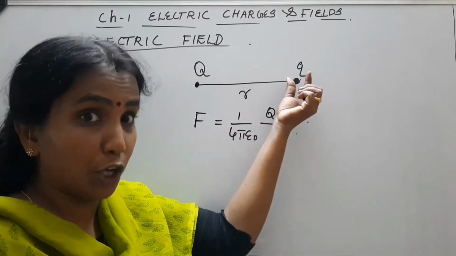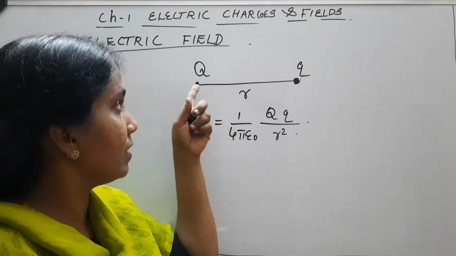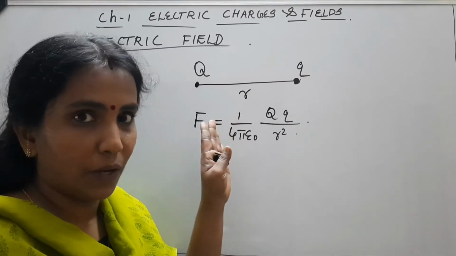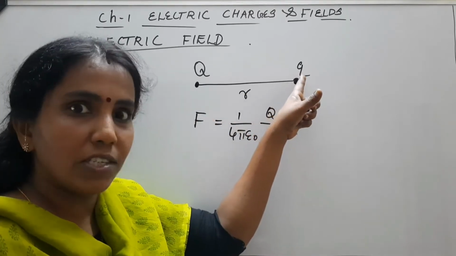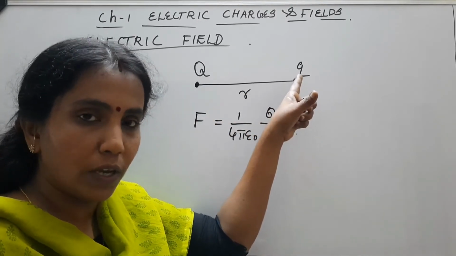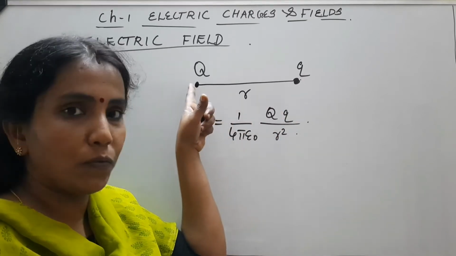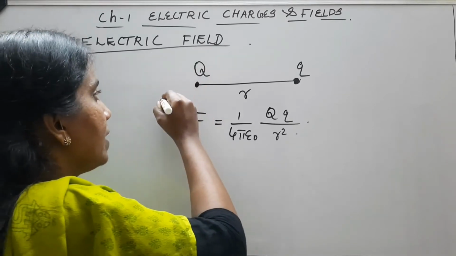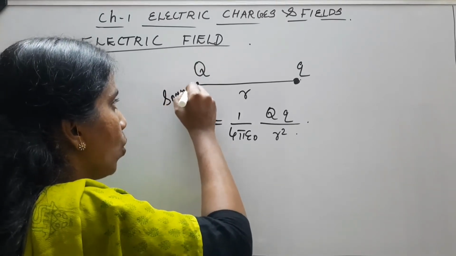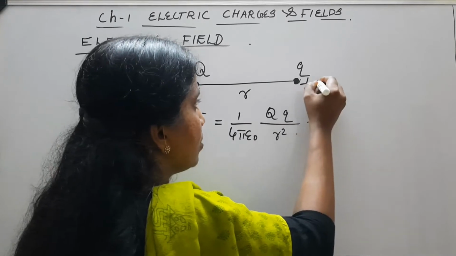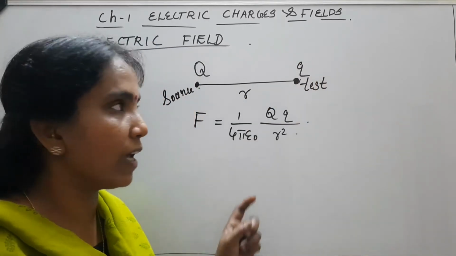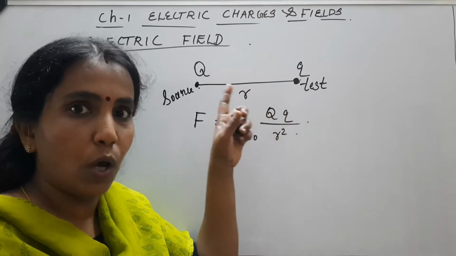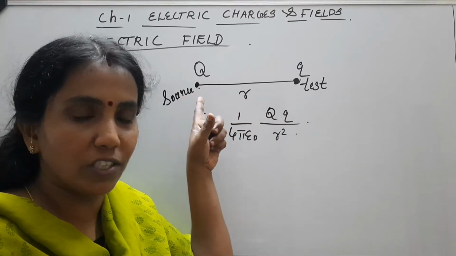This charge experiences a force only because of the presence of this capital letter Q. So for easiness, let's call this charge the source charge and this charge the test charge. We can say that the test charge experiences a force only because of the presence of the source charge.